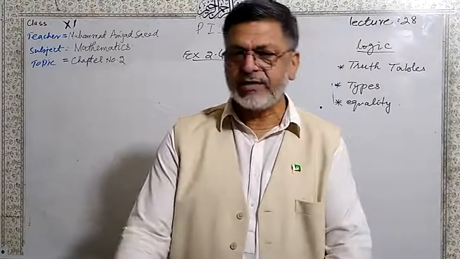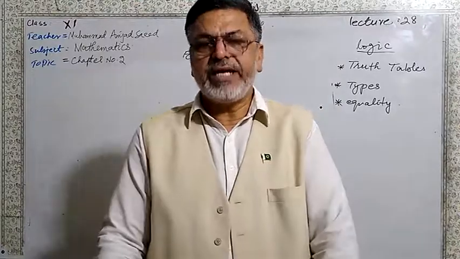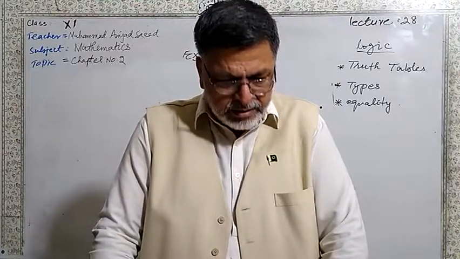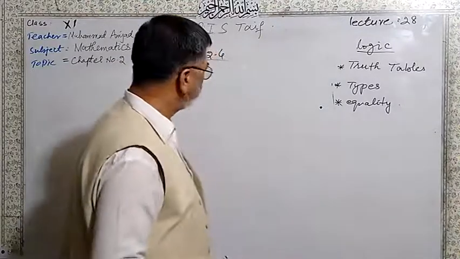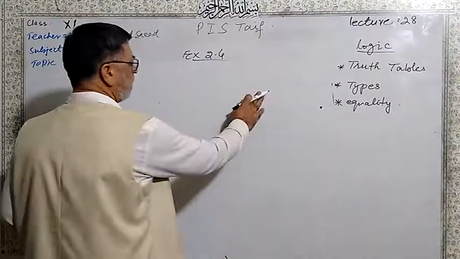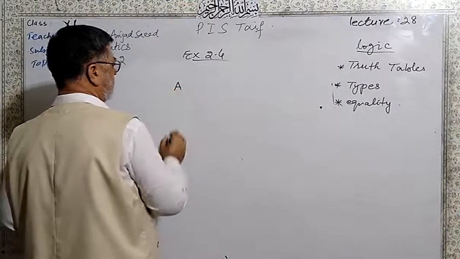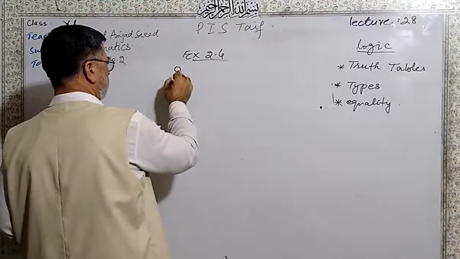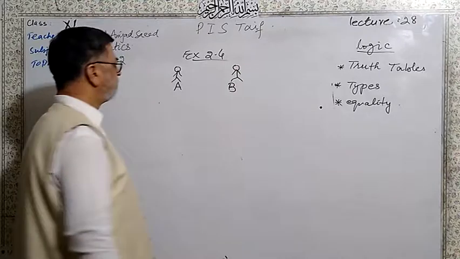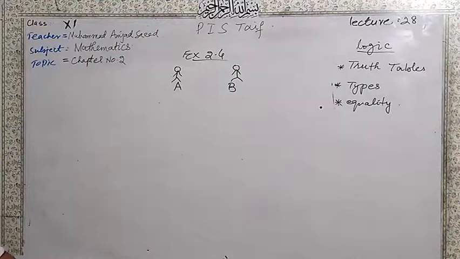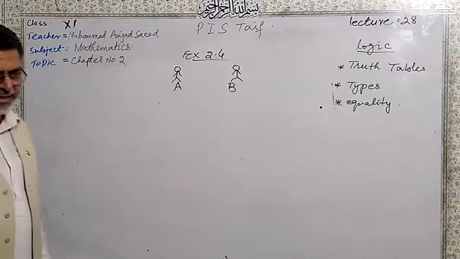Before we start our next question, my dear students, listen to me very carefully. It will help you to understand the logics. For example, A is you and B is your friend.